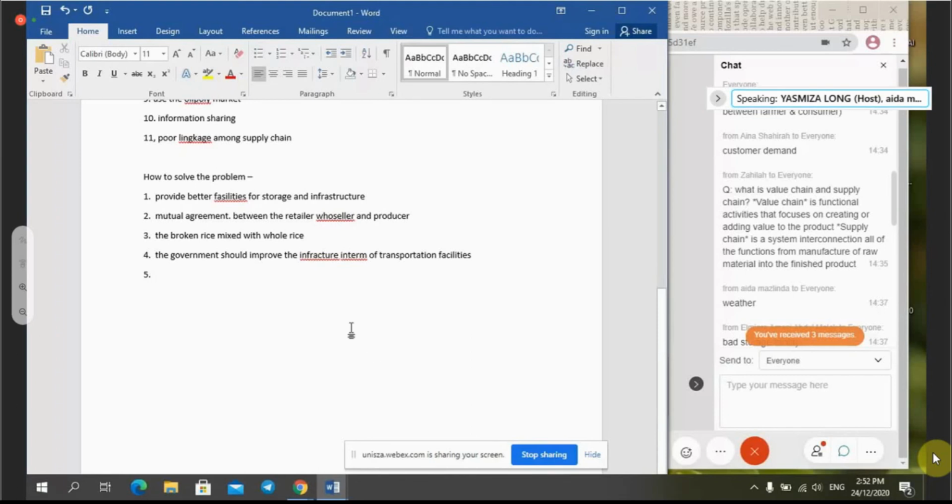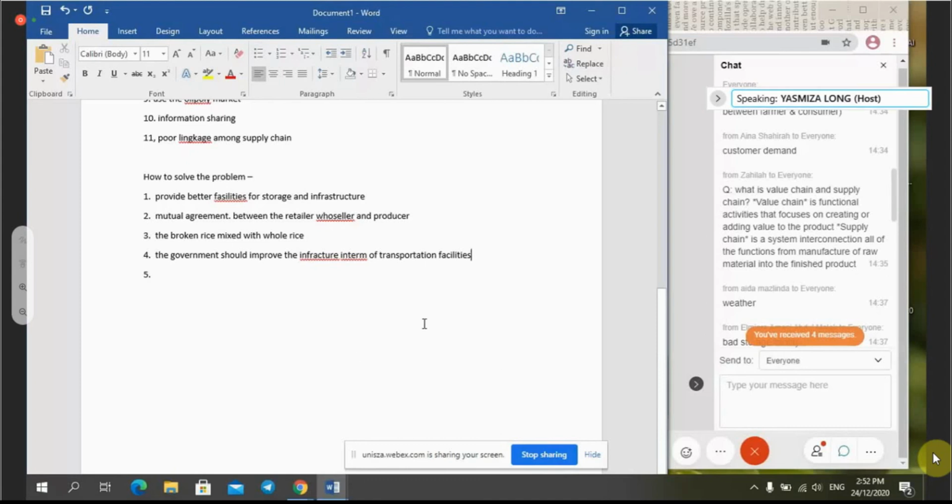So tiga-tiga tu semua negara yang bermasalah dari segi infrastructure facility dia. Compare dengan negara membangun, contohnya Japan, US, Europe tu nah. Contohnya Scotland tu negara-negara yang membangun. Maybe they have the good transportation facility. So maybe tak ada sangatlah isu dalam supply chain and the value chains.